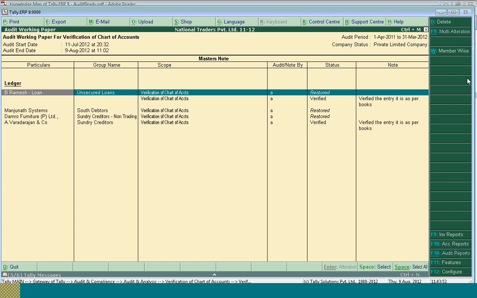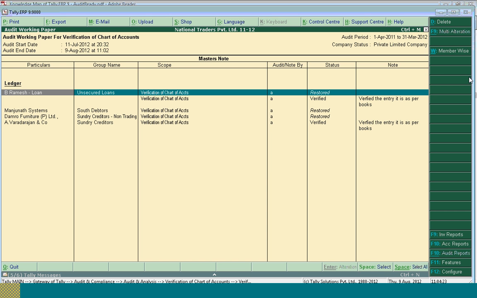Why is it showing restored? Whenever I say remove verification, it goes back to restored, which means it is in the original position. That is the meaning of this. So the caption or text restored means the original thing. Who verified earlier and why have they moved to restored?